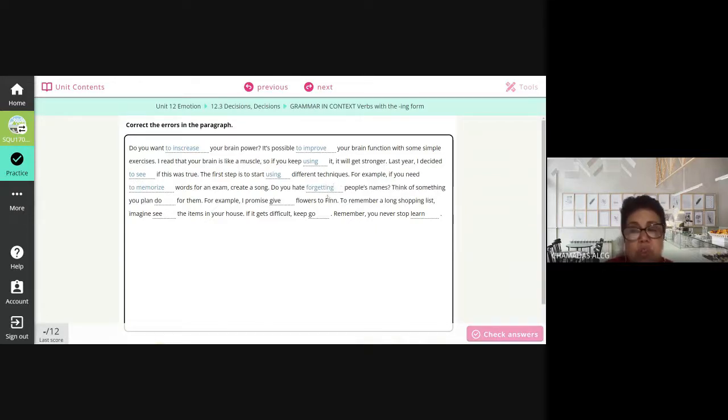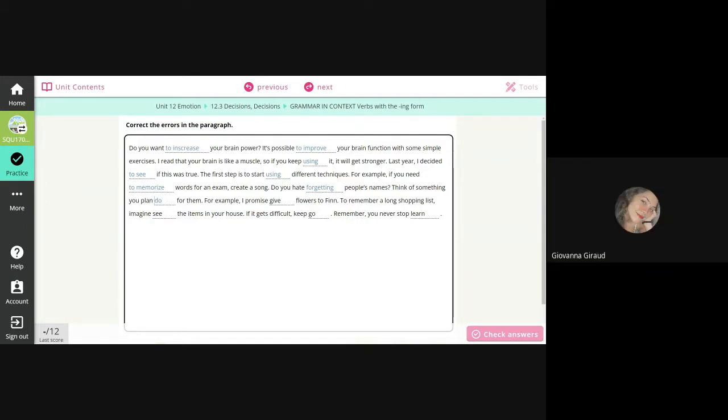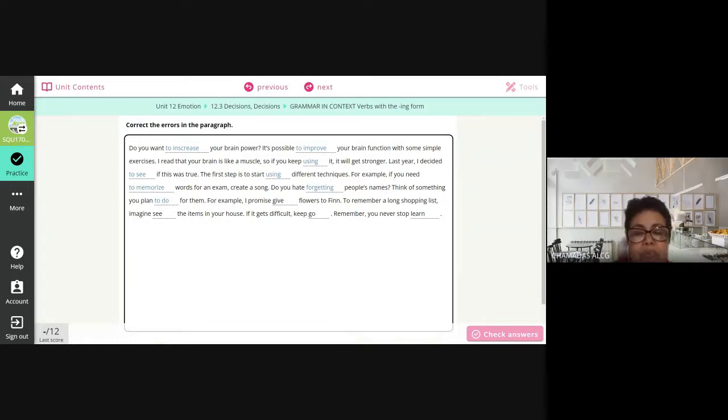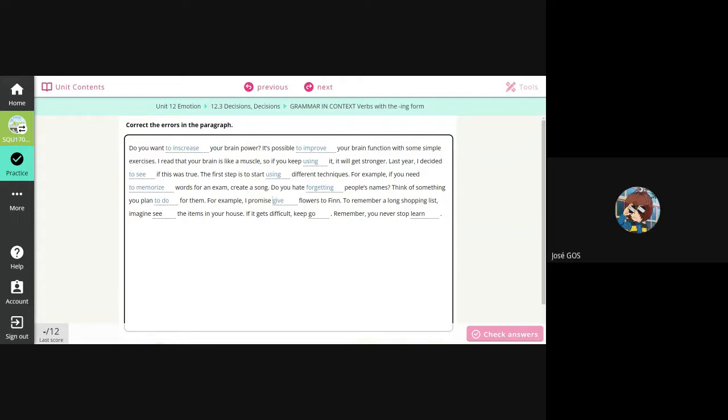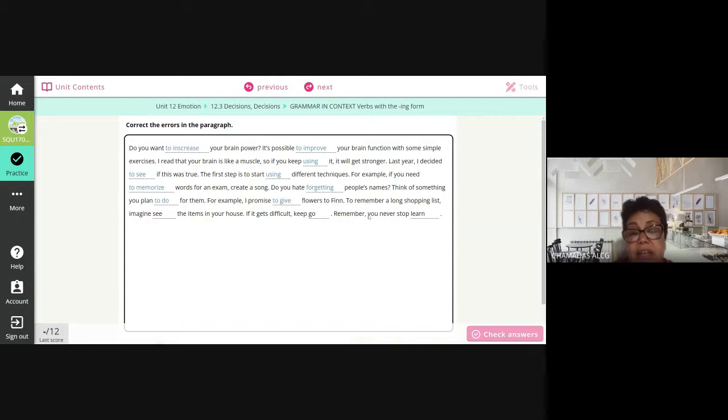I'm inserting a suffix there, and here I have a vowel sandwich, so I must double the consonant, right? Think of something you plan to do. For example, I promise to give flowers to a fan.